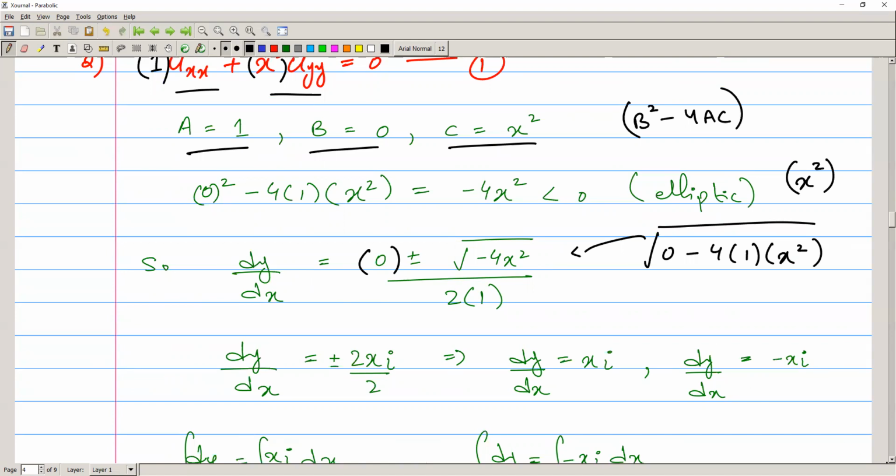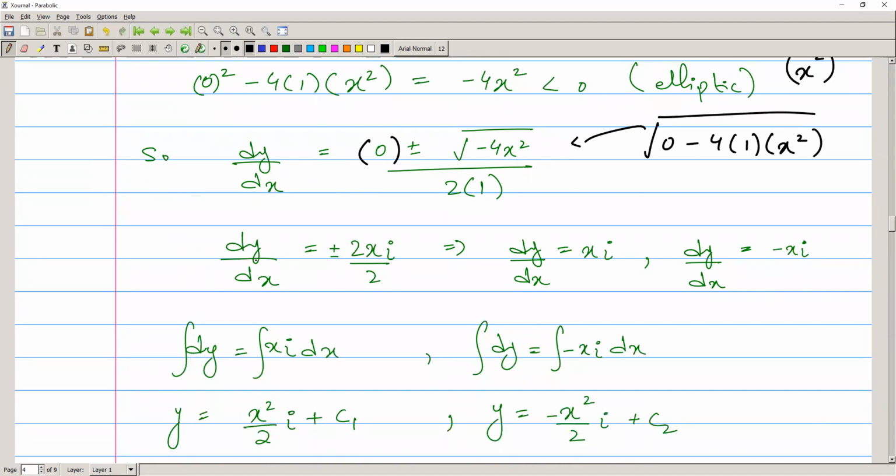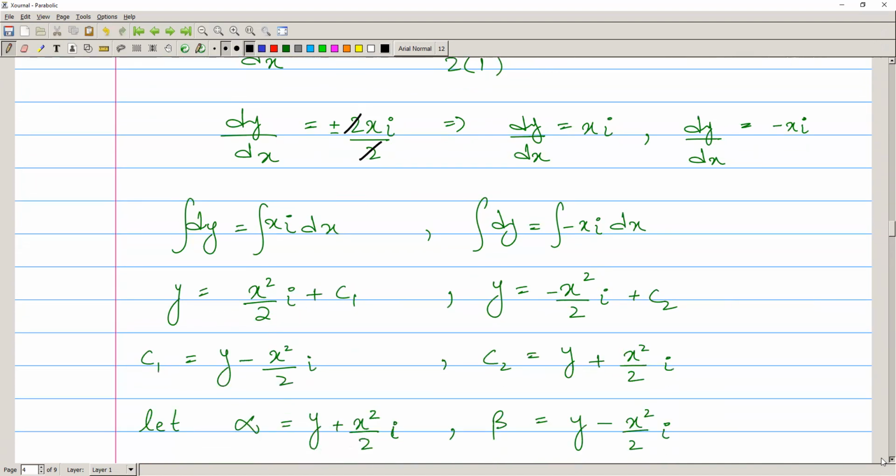So we are left with dy by dx equals plus minus the square root of 4, which is 2, and the square root of x squared, which is x, and for the negative sign we write iota, divided by 2. The 2s cancel out, so dy by dx equals either x iota or negative x iota.